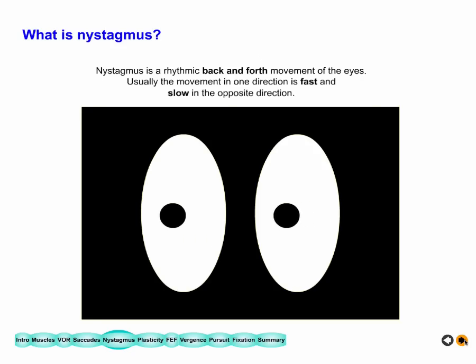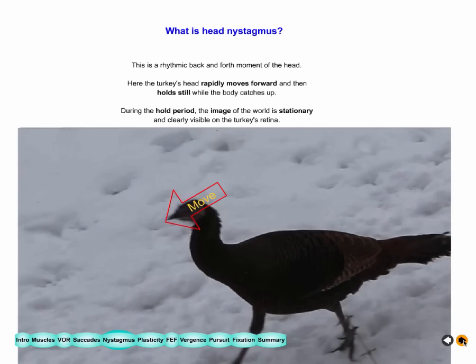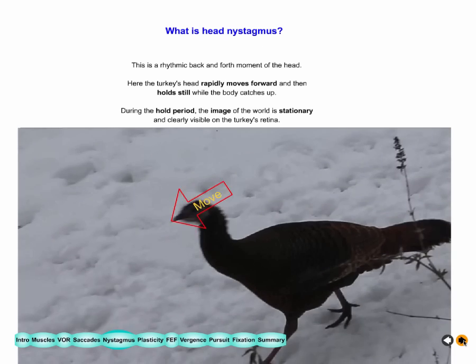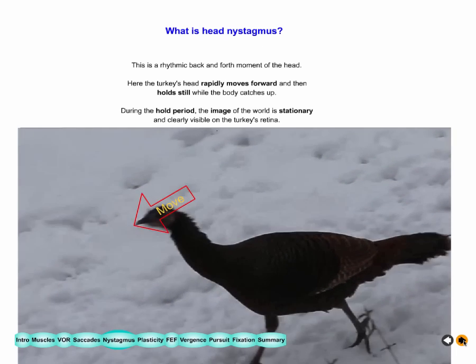Okay, let's look at nystagmus. Nystagmus is sort of this type of eye movement going back and forth, back and forth. But you notice that the two movements aren't equal. One movement's slow and the other movement's fast. Okay. Now you can see this turkey in my backyard doing much the same thing.